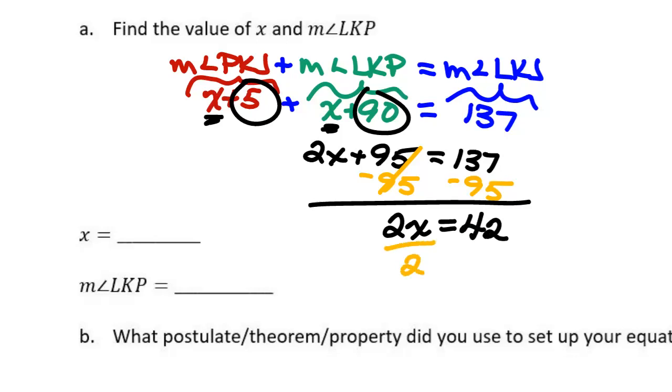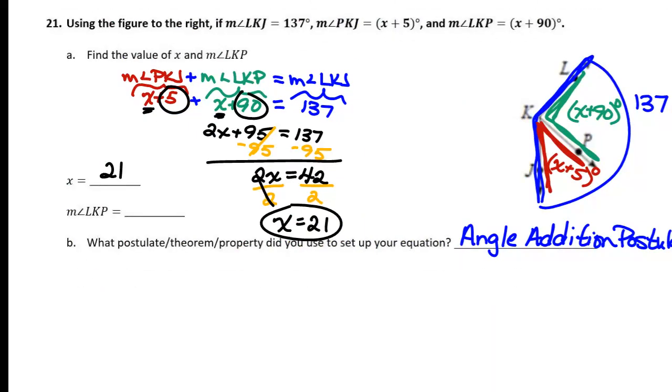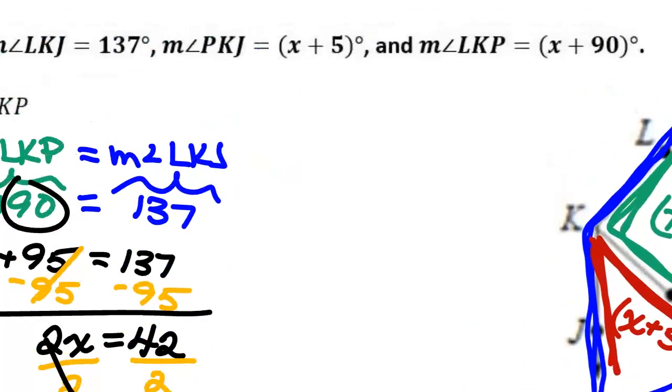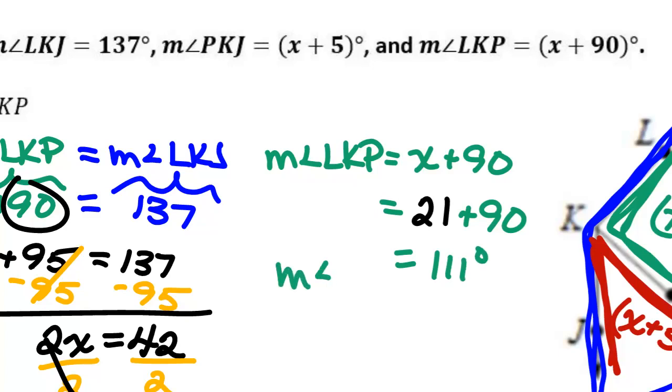Then I divide both sides by 2, and I get that x is 21. Then to find LKP, that was x plus 90. So I would do 21 plus 90, which is 111 degrees.